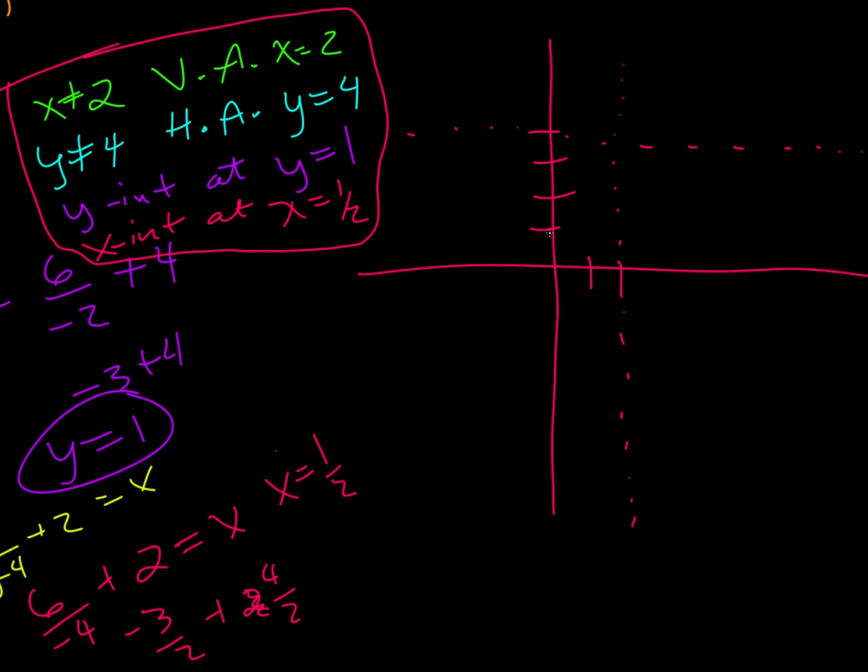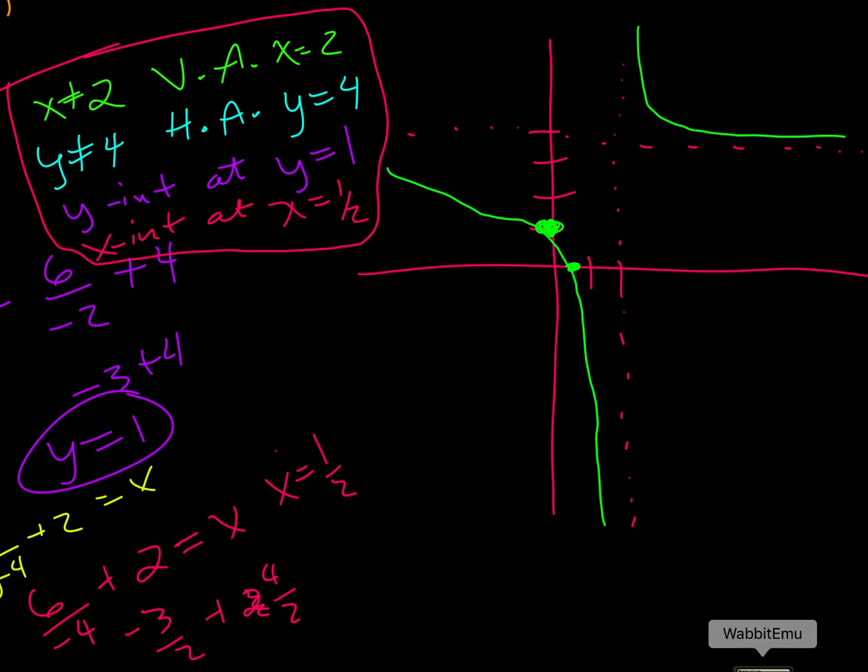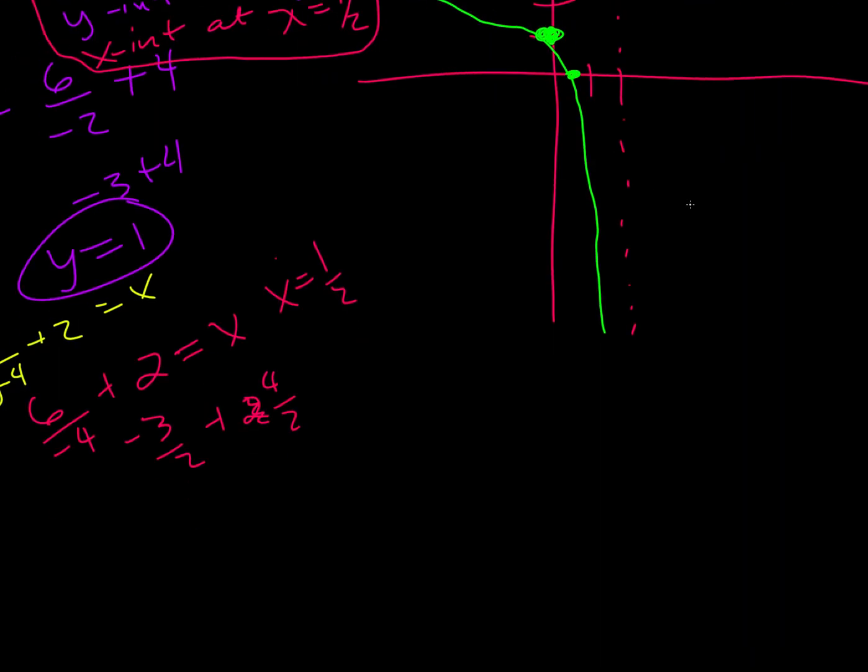And then we're going to cross at 1 on the y-axis and 1/2 on the x. So we get something that looks like that, and then something that looks like that. And you can see it's not perfect, but it looks pretty close to what was on the graphing calculator.